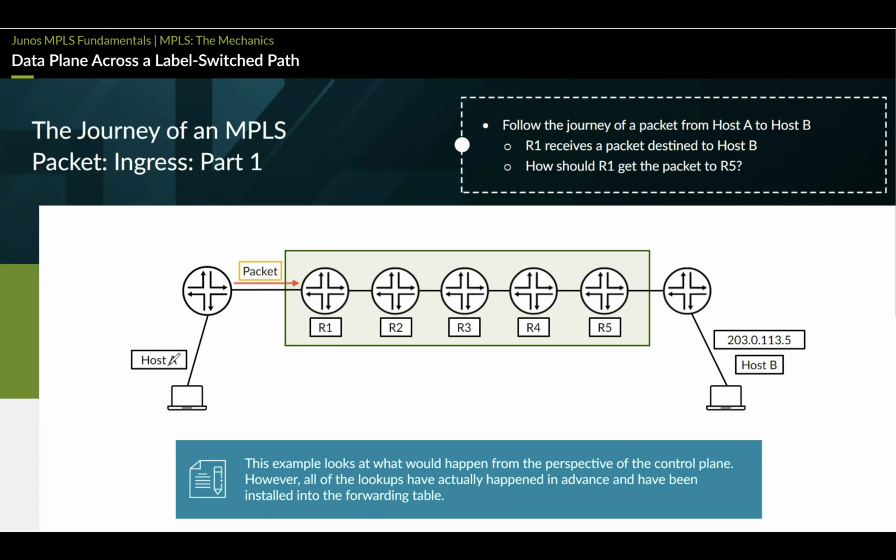Host A sends a packet to customer A's router, and customer A's router sends the packet to the provider router. Packet ingress, that is part one. This is the ingress router: the packet comes in, and router 1 inserts a label and sends it to router 2.